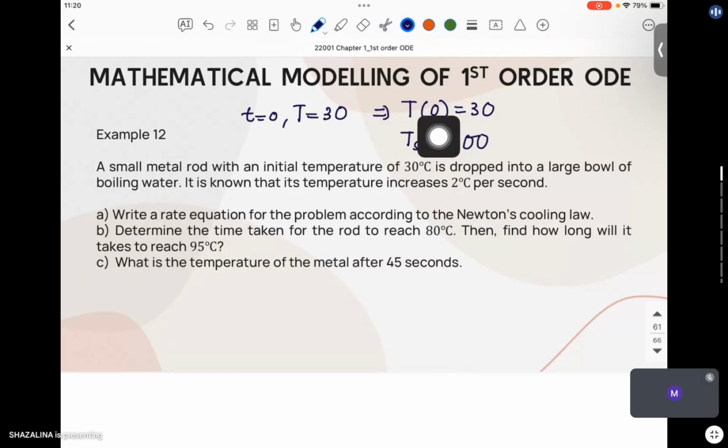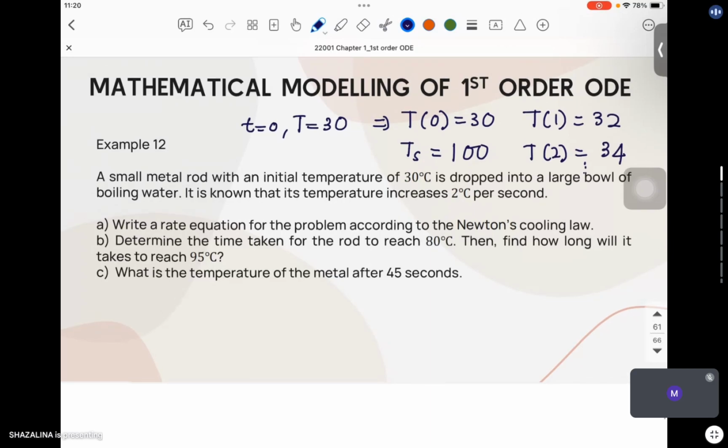Kalau tadi initial 0, T(1) dia tambah 2 degrees Celsius will become 32. Kalau 2 seconds, T(2) will become 34 and so on.